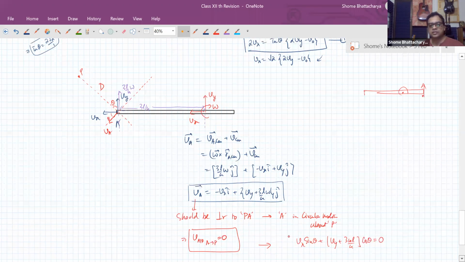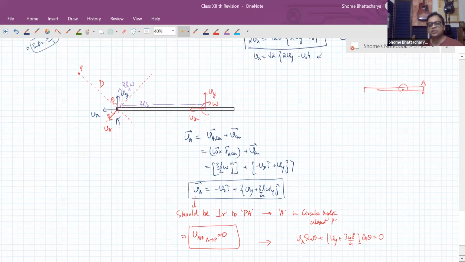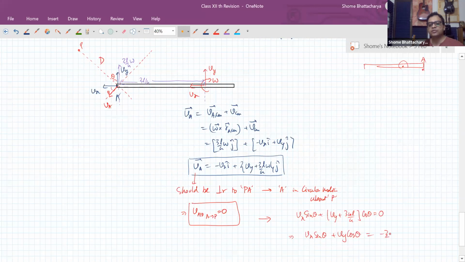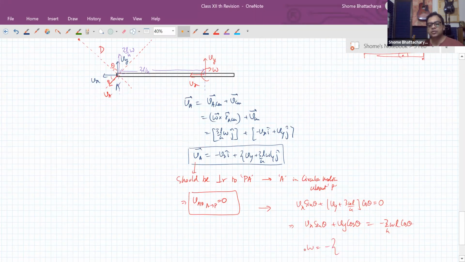So we will have this relation that Vx sin theta plus Vy cos theta should be equal to minus 3 by 4 omega L cos theta, or that omega L should be minus of what we have taken it to be, or let's just write it as omega L because dimensionally it will make better sense for us. So this will be minus of 4 by 3 of Vx tan theta plus Vy, this kind of term. So this is going to be our second relation.